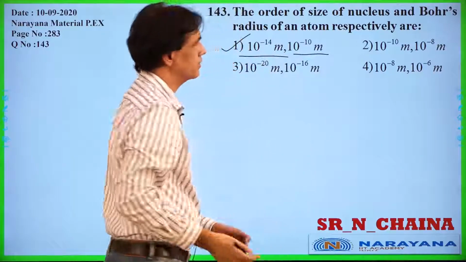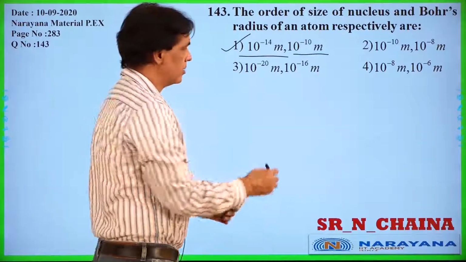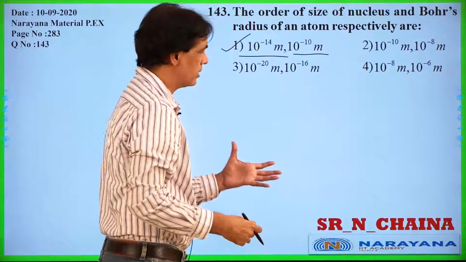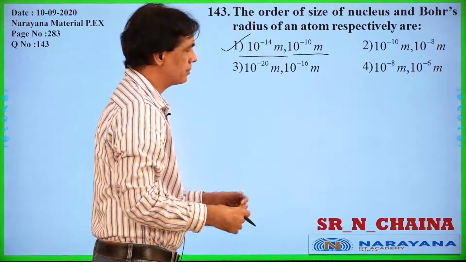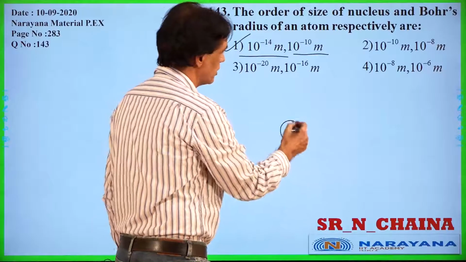The standard result. From this, what we can understand is the nucleus is nearly 1 lakh times smaller with respect to the size of the atom. That means the entire mass of the atom and the entire positive charge is concentrated in such a small region.